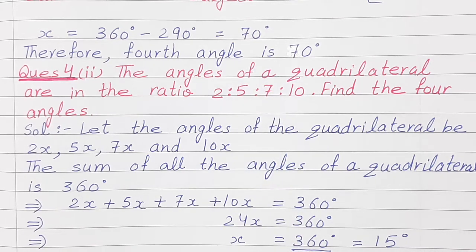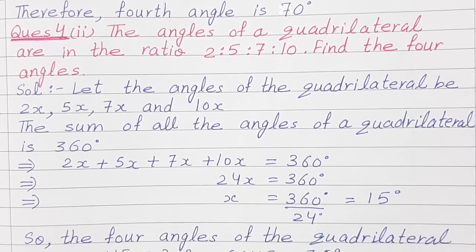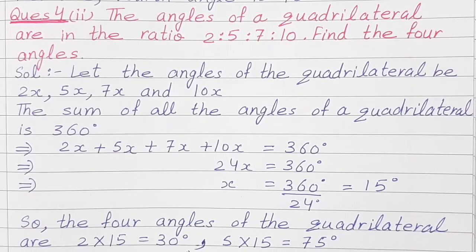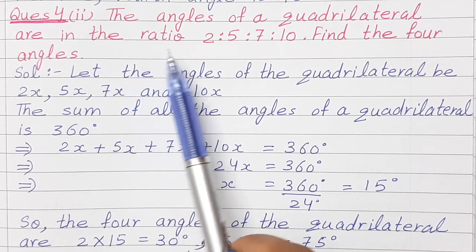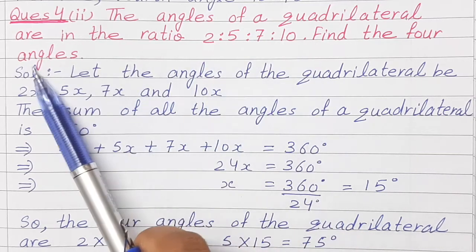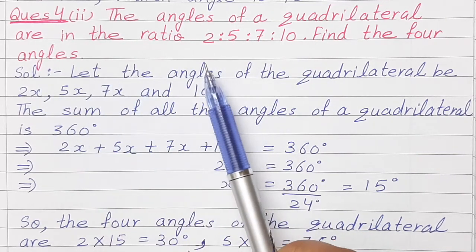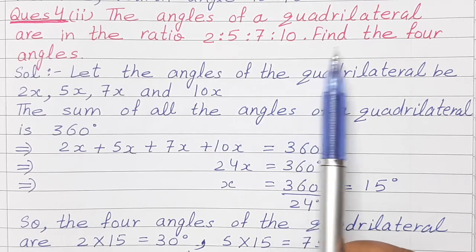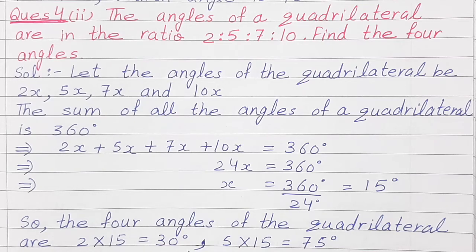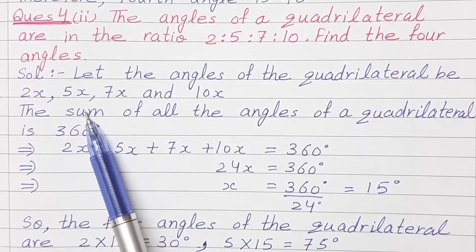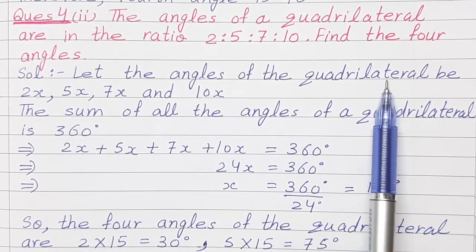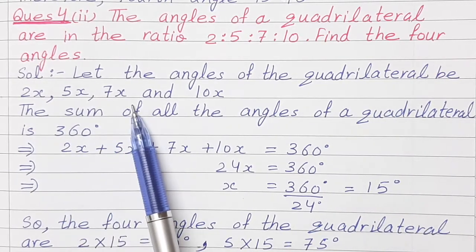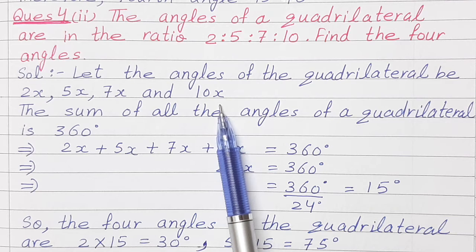Now children, let us discuss question number 4, second part of the same exercise, that is exercise 1A. The angles of a quadrilateral are in the ratio 2, 5, 7, 10. Find the four angles. Let the angles of the quadrilateral be 2x, 5x, 7x and 10x.